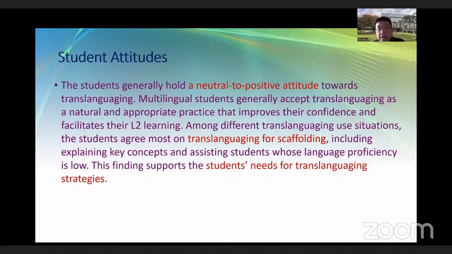So the students hold a neutral to positive attitude towards translanguaging. Multilingual students generally accept it as a natural and appropriate practice that improves their confidence and facilitates their second language learning.